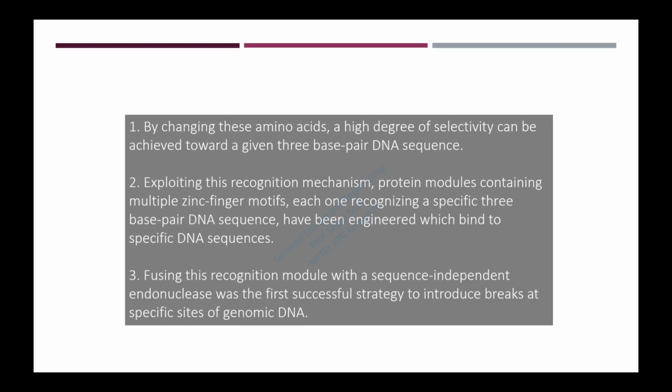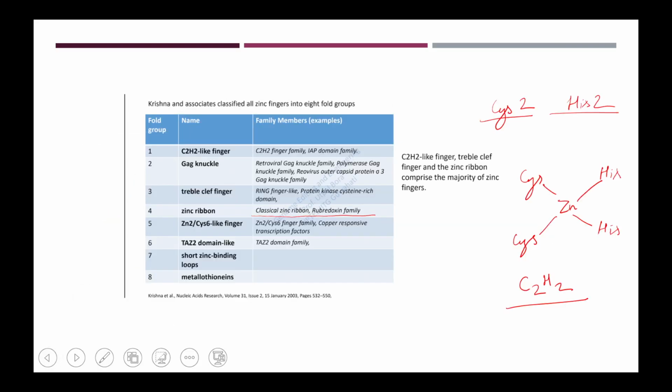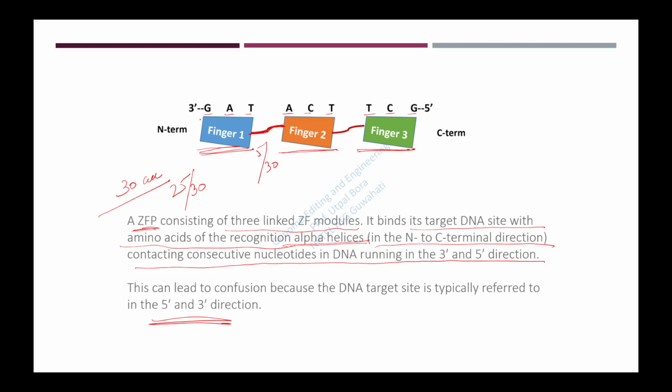Exploiting this recognition mechanism, protein modules containing multiple zinc finger motifs, each one recognizing a specific 3 base pair DNA sequence, have been engineered, which bind to specific DNA sequences. That means, as we have shown here, this is the sequence of a DNA.